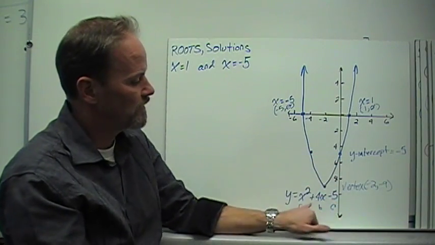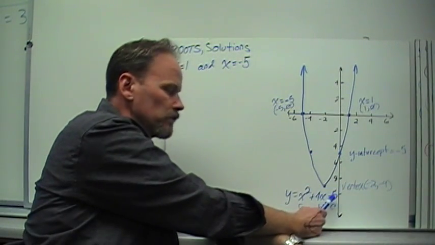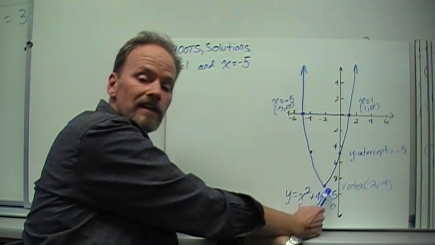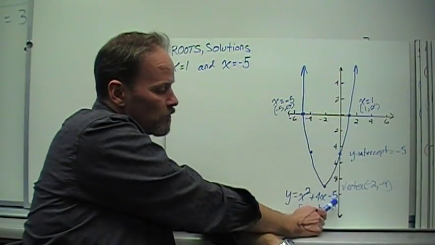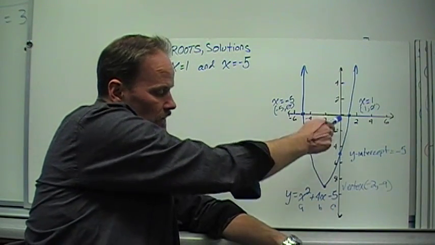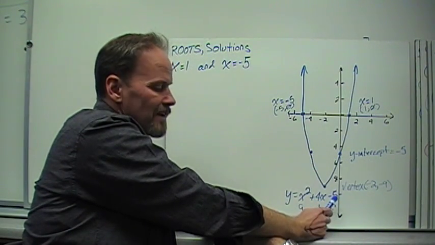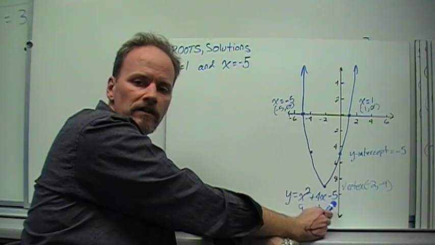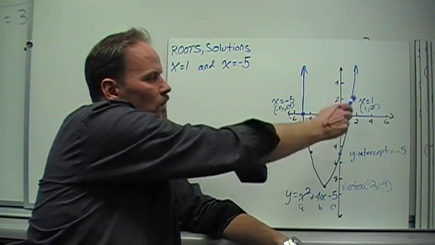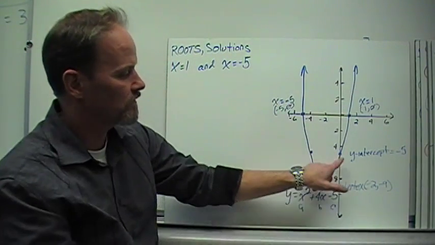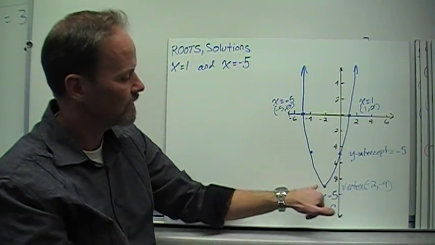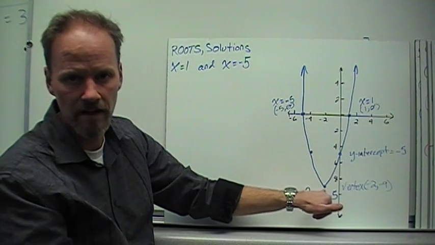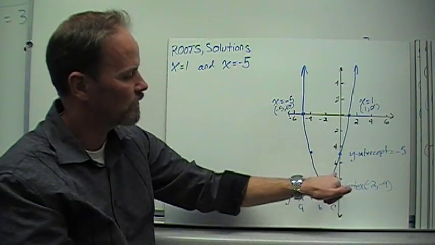So anytime you read this, at least you're going to know somewhere if there's a C involved. If it's 0, then of course it's going to be right there. If there's a -5 or a +5, it's going to be somewhere the graph will cut through there. Notice it just happened to cut on this side of it. It didn't cut at the vertex, so don't think that it always goes right at the vertex.